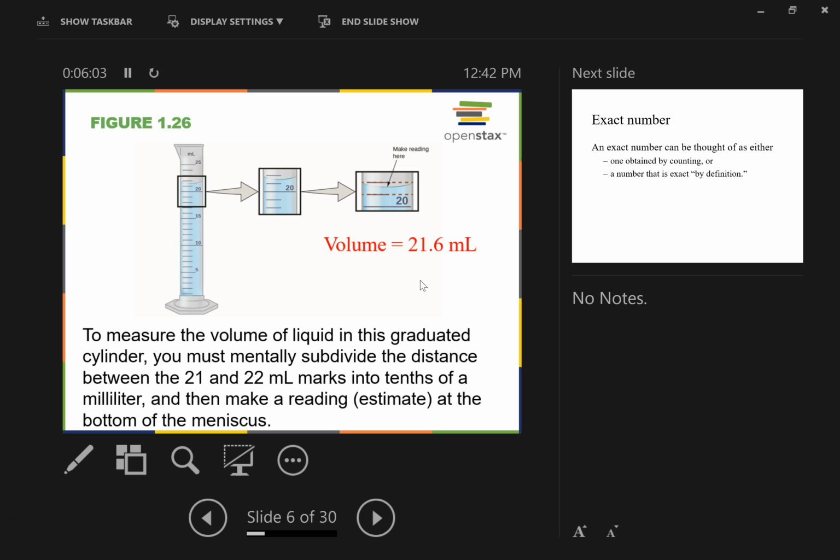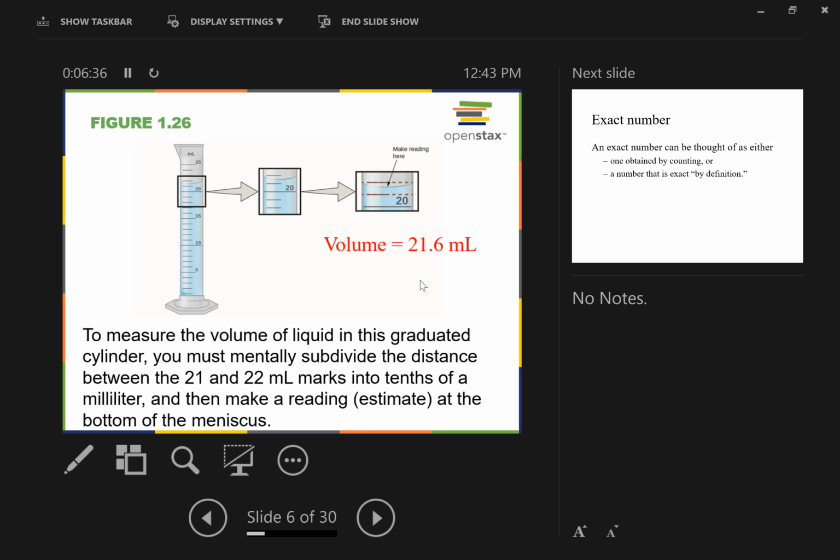But what I need you to do, just like this slide says, the gradations are every 1 milliliter. And best practice, what you'll do this semester, is estimate: take those gradations and split them into 10 units. If we split this into 10 units, the author said maybe 6 units, say 6 dots, between the 21 and the 22.